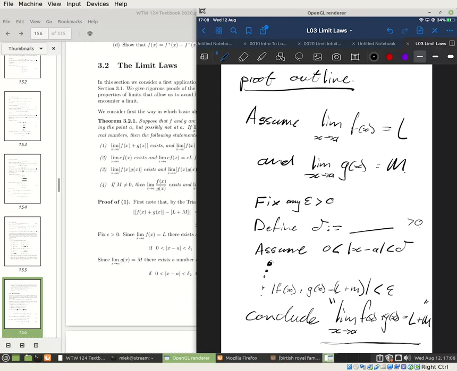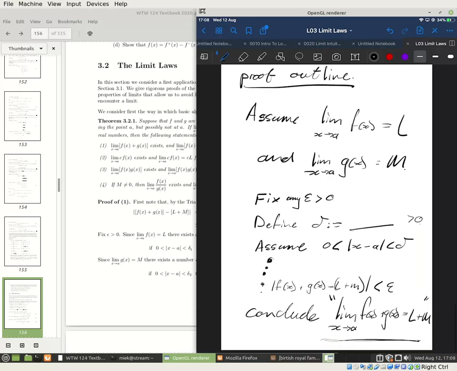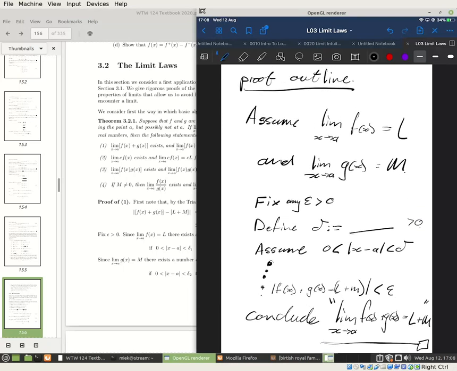So here we will do some work. Okay, and once we have done that, we can conclude that this limit is what we expect it to be.